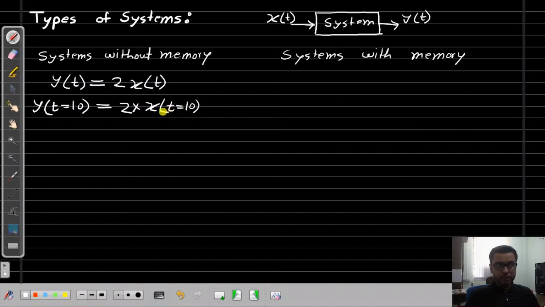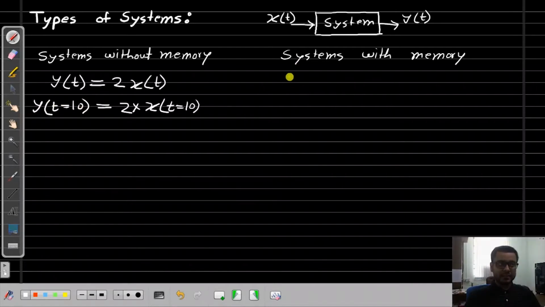I do not need to know the value of the input at any other time like t equal to 11 seconds or t equal to 9 seconds. That is not required to calculate the value of output at t equal to 10 seconds.